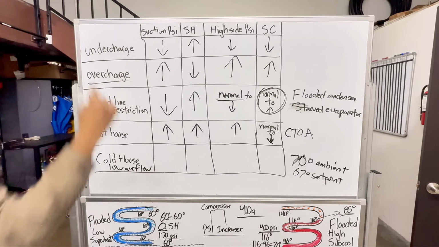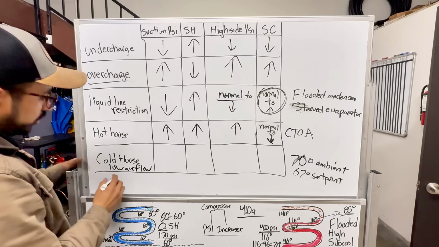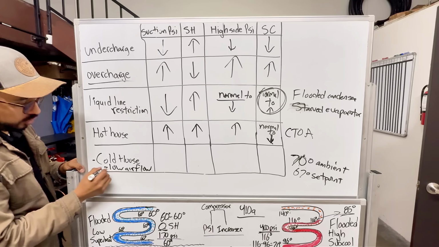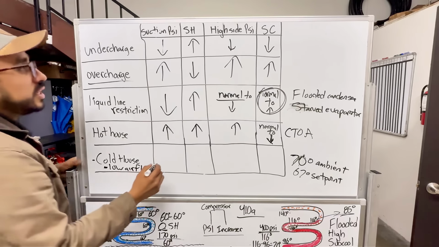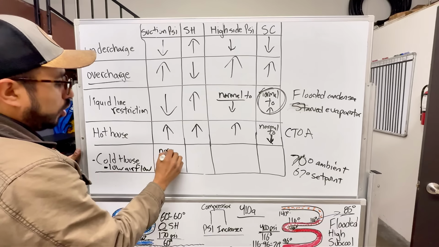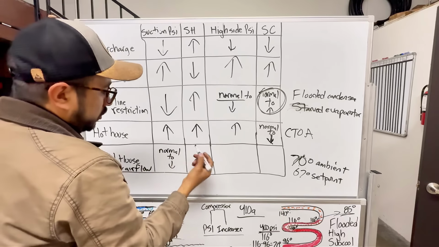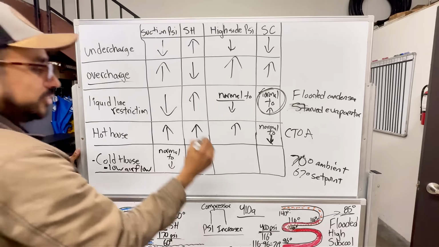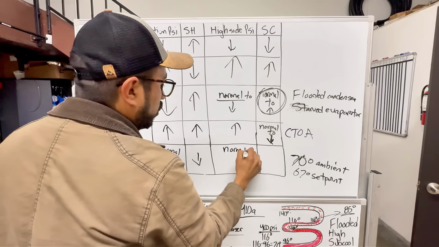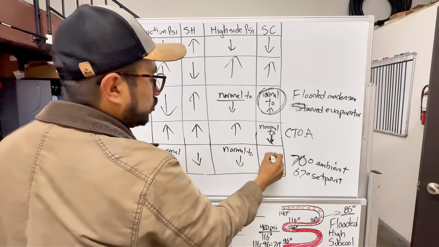So your suction pressure, and it will vary from cold house to low airflow, but your suction pressure is going to be normal to low. Okay, your superheat is also going to be low. Your high side pressure is going to be normal to low, and your subcool is going to be low.